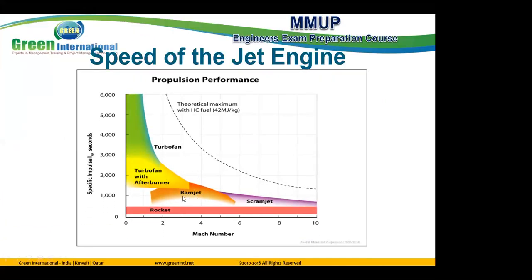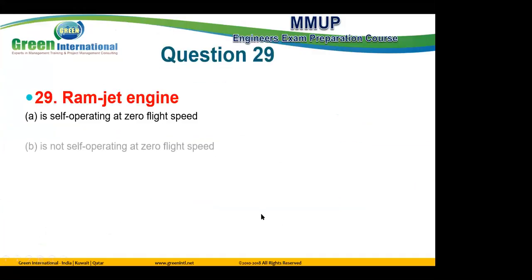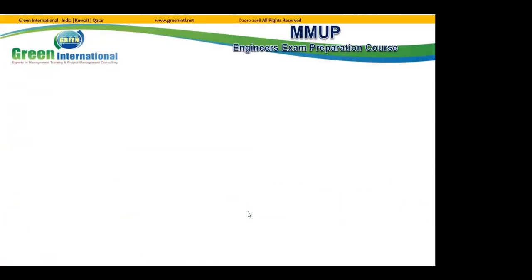As mentioned here, the ramjet is within the range of Mach 2 to Mach 5, and above Mach 5 it will be the scramjet. No ideas? No problem.